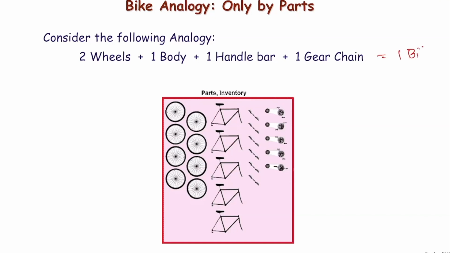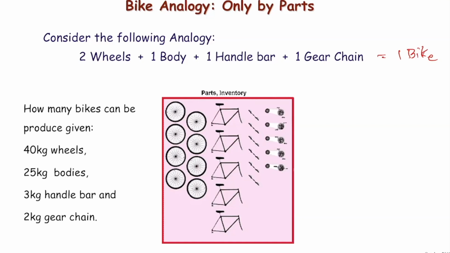Again, the parts make up the whole, okay? And now you have the relationship of wheels, body, handlebar, and gear chain to make that one product. But suppose I tell you I have 40 kilograms of wheels, 25 kilograms of bodies, 3 kilograms of handlebars, and 2 kilograms of gear chains.